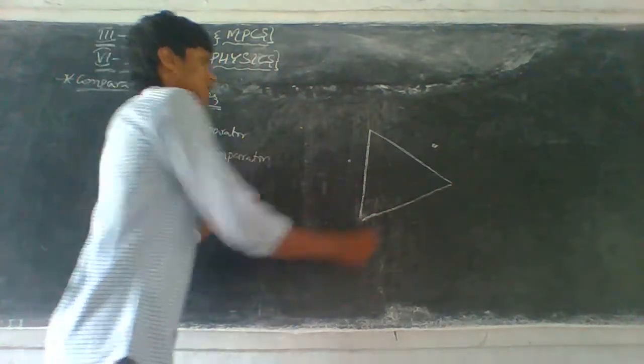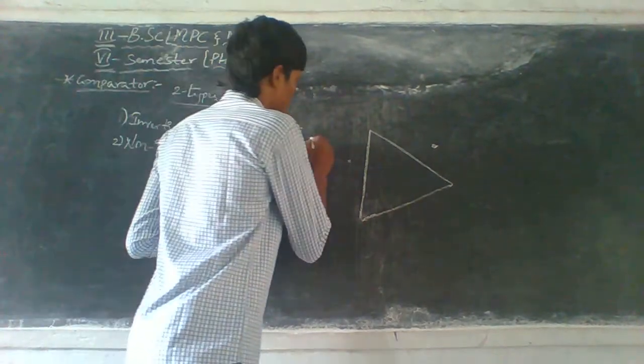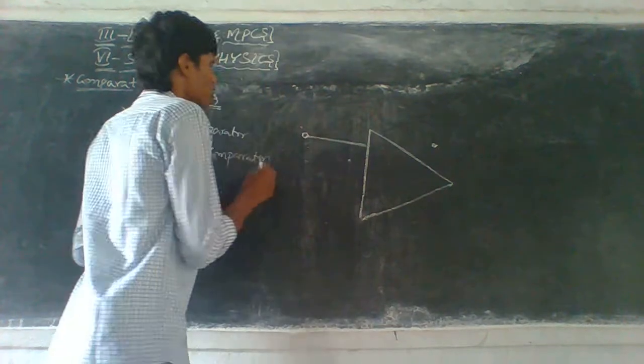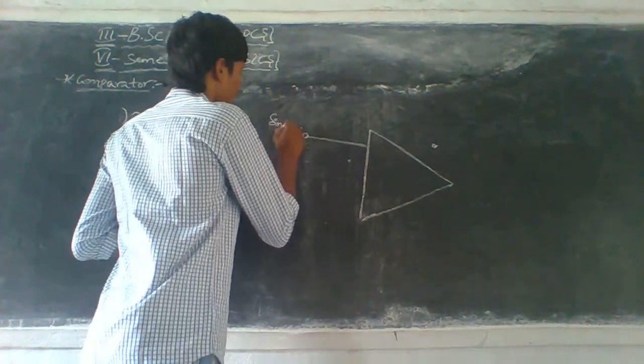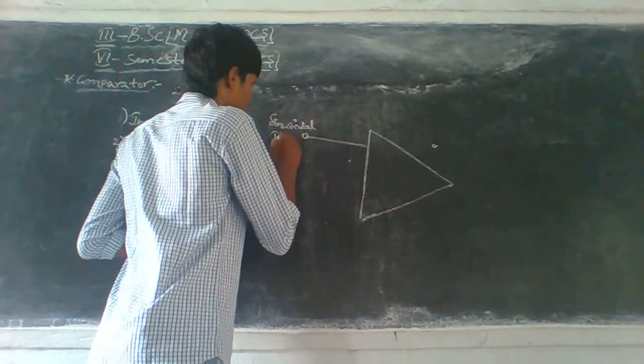This is the inverting comparator. It has two input signals here. The first one is the sinusoidal input signal.